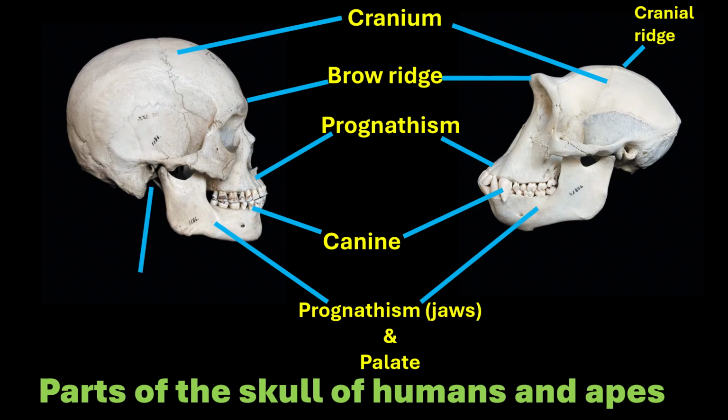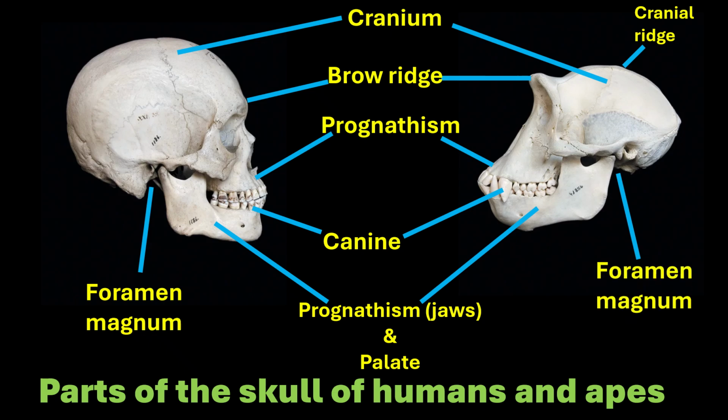And there is a hole through which the spinal cord enters the brain. This is the foramen magnum. For humans, ours is forward, and for apes, it is backward because of their style of living.